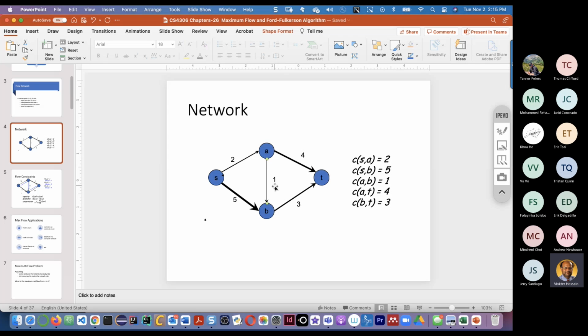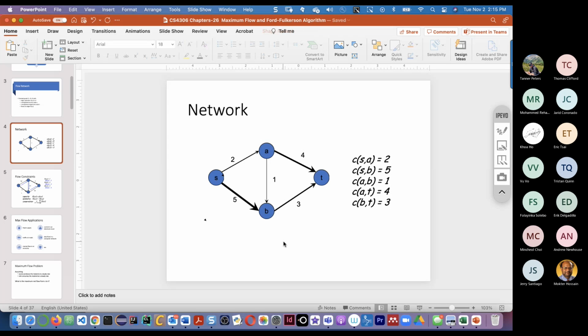Okay, so if you pass 2 units from over here, then you can give both 2 units over here from S to A to T, or you can pass 2 units from S to A, and then 1 unit from A to T, and another unit from A to B.